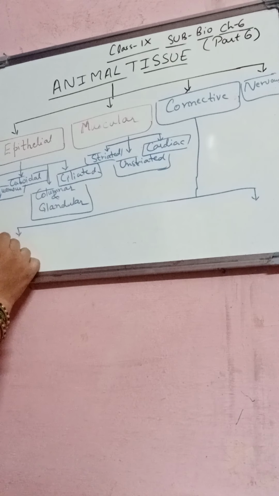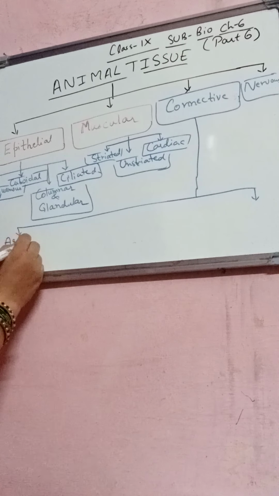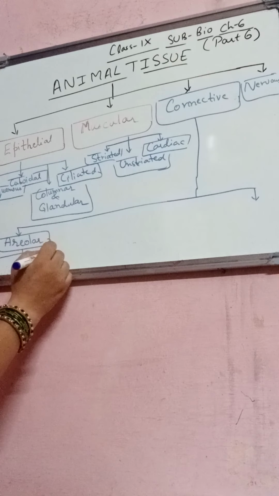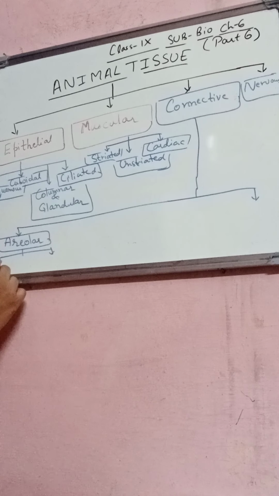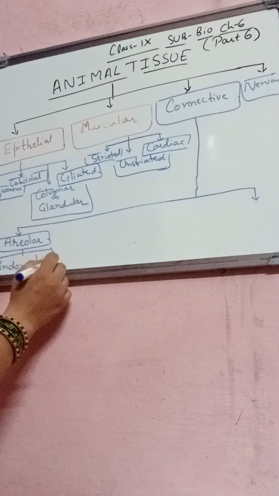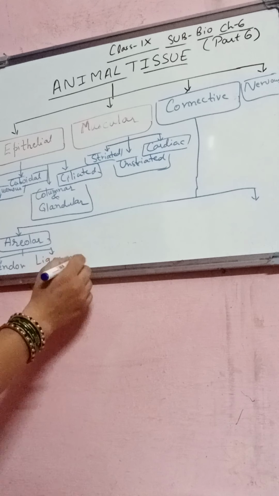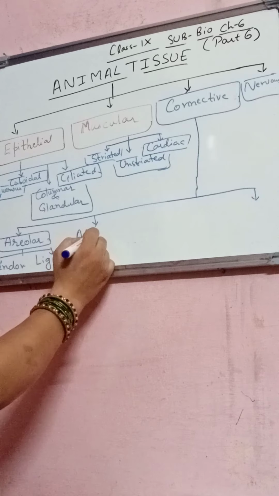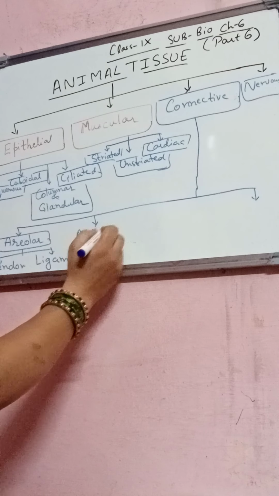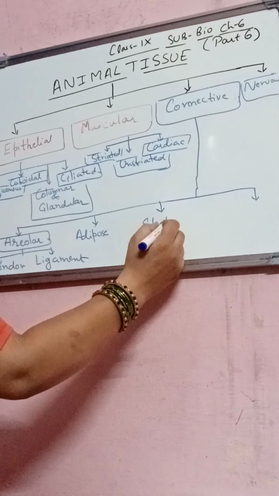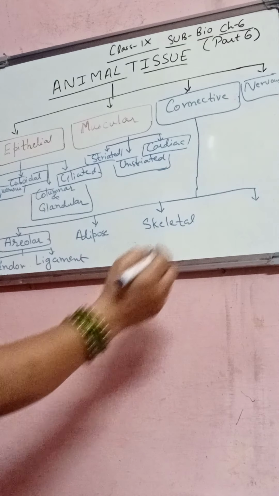Number 1 is areolar, and areolar can be classified into tendon and ligament. Second one is adipose. Third one is skeletal. And the fourth one is fluid.